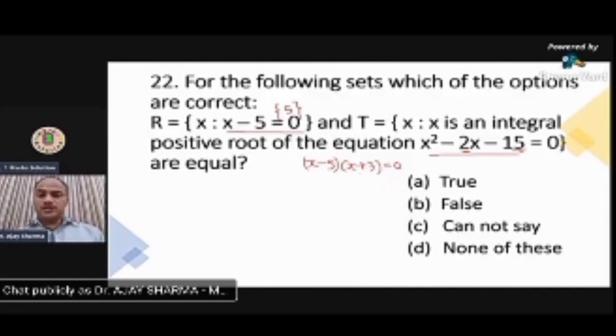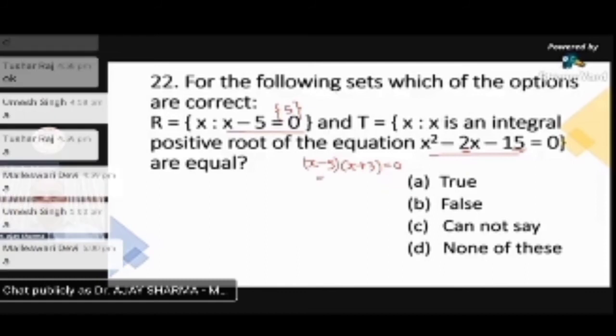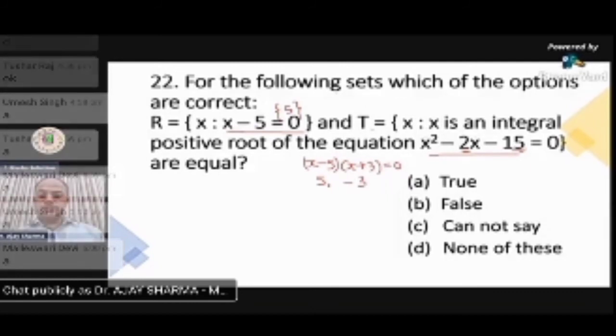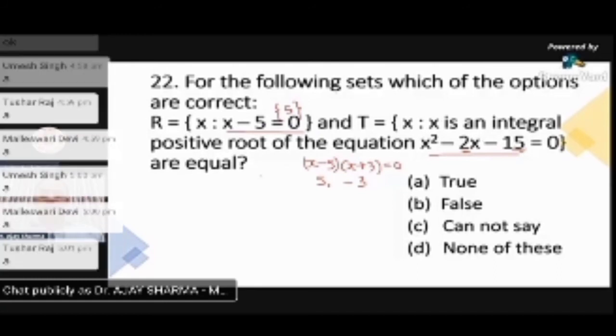Quickly see, 5 into 3 is 15, minus 15, and minus 5 plus 3 becomes minus 2. So here we get x equal to 5 and x equal to minus 3. These are the two possible answers, so T will have these two elements.